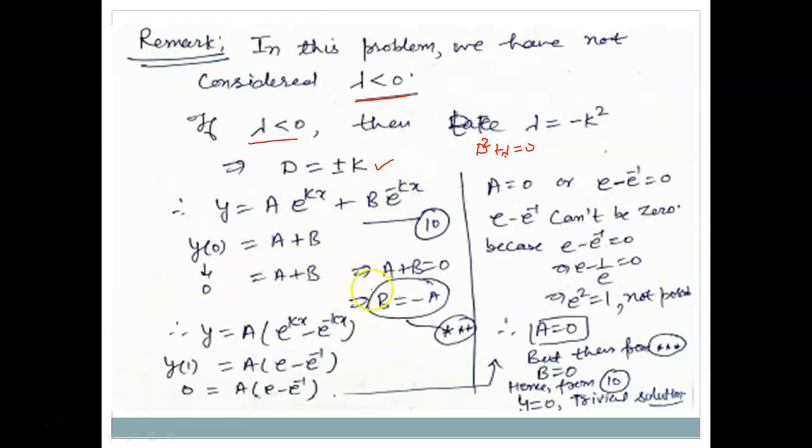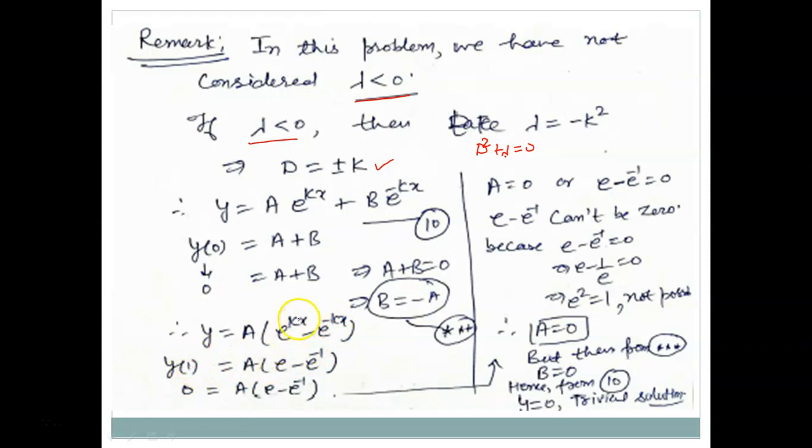Applying the boundary conditions, you get a plus b equal to 0, b equal to minus a. So when you put b equal to minus a here, y is equal to a into e raised to power kx minus e raised to power minus kx. Now apply the second boundary condition, y at 1.